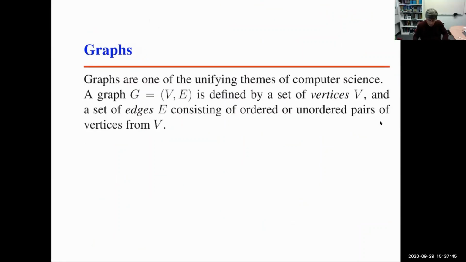Okay, so let's talk about graphs. Graphs are one of the really important ideas in computer science and important ideas in designing algorithms. A huge number of problems that people encounter in your computing life turn out to have a natural formulation in terms of graphs or networks.